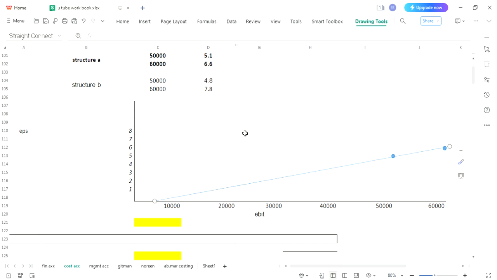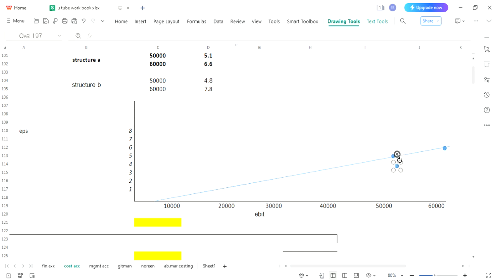Blue would be considered as structure A, and now we will change the color to set it down. For structure B, again 50,000 would be taken. This point is needed, and why we don't have. Okay, we have got.